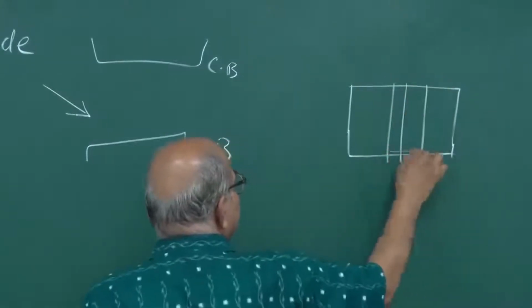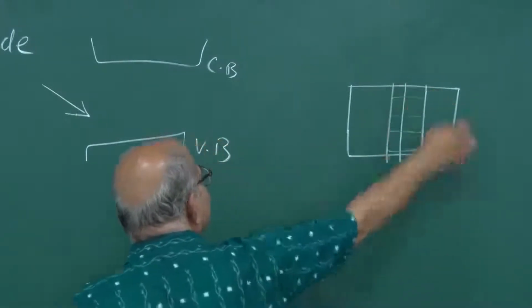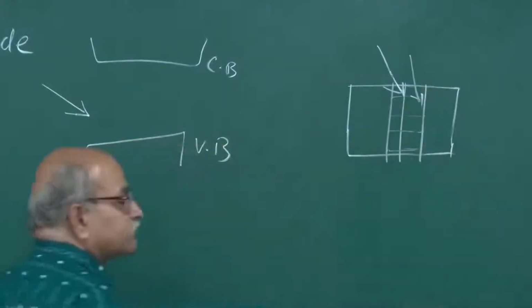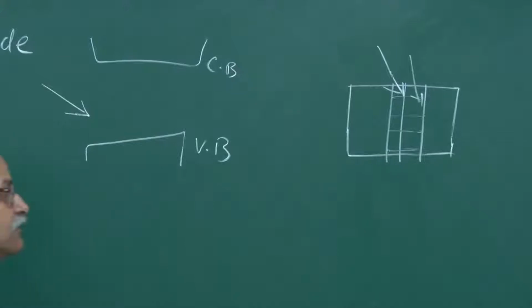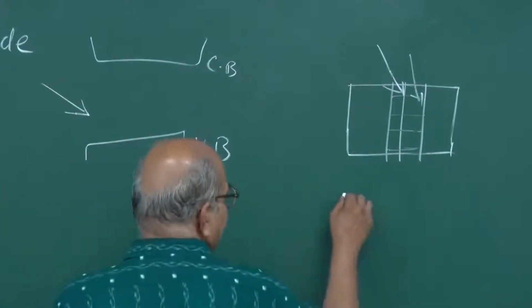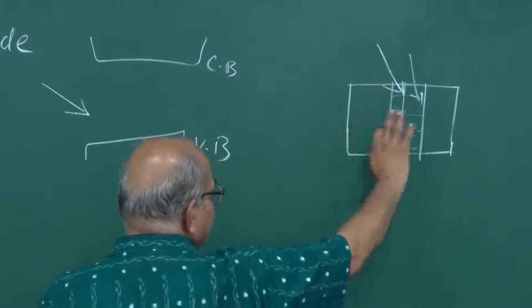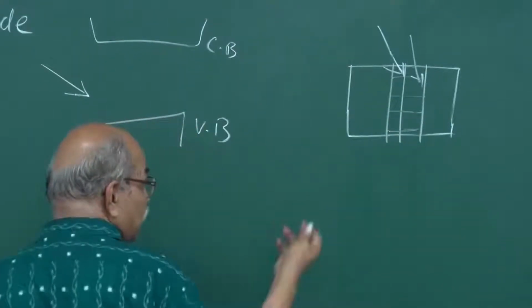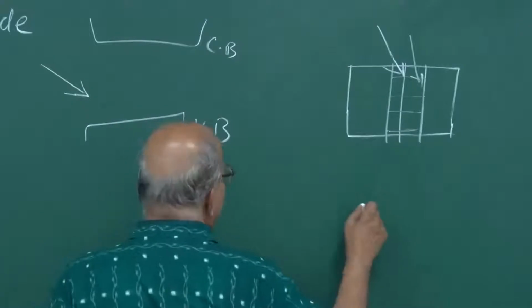So, if this is that junction area, this is that depletion layer, and if light falls on this, and the composition is such that this photon can get absorbed into this material, then what will happen?